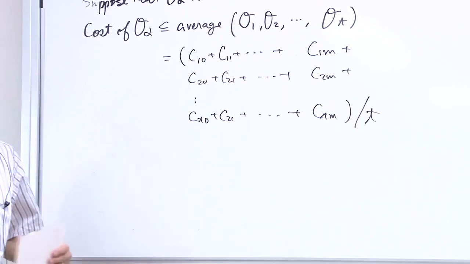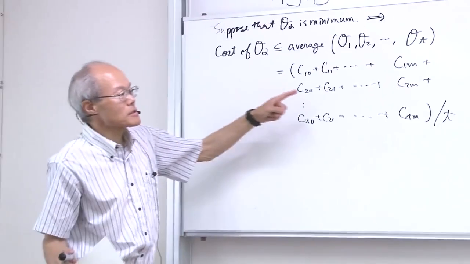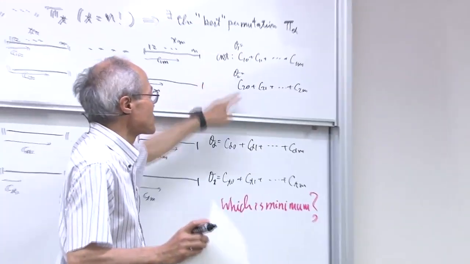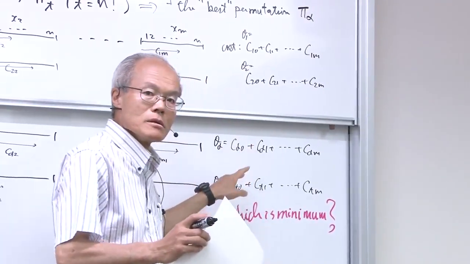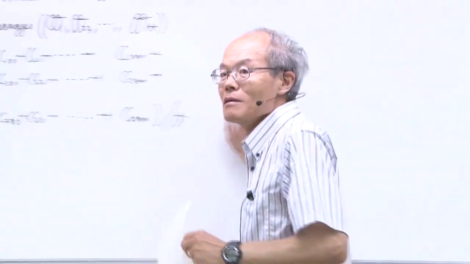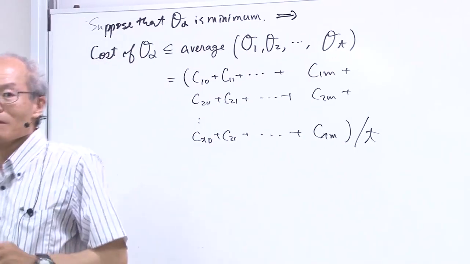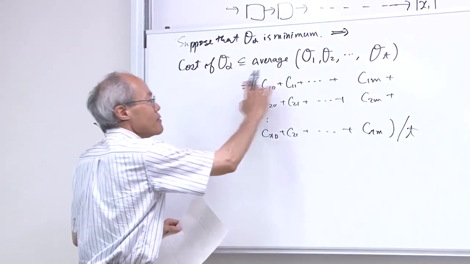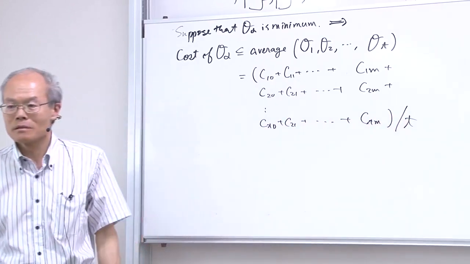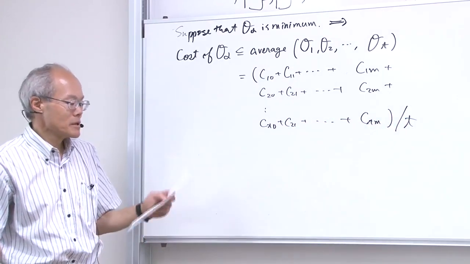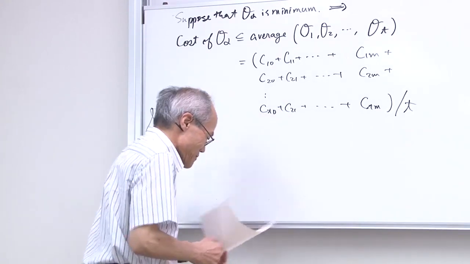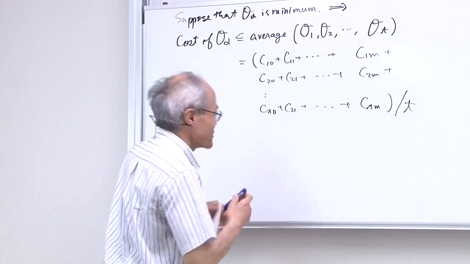What is average? Average is, of course, the whole sum of the t values divided by t. Right? The sum of the whole t values divided by t. That is average, exactly the average. Now we calculate this value.